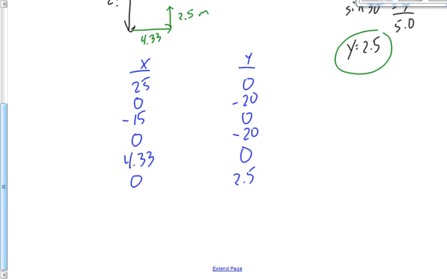Can you see what I've done there? I've changed the question from a 30-degree funny angle question to a straight across, straight up question. 25 plus negative 15 is 10, plus 4.33 is 14.33. Negative 40, negative 37.5.